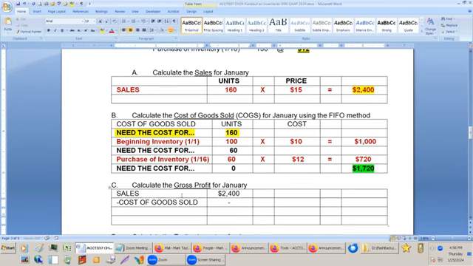Cost of goods sold is similar to an expense in some ways, because it's assets leaving the place. For instance, if I sold this for $2,400, but it cost $1,720 to make it, once I made that sale for 2,400, I got 2,400, but they're taking this.